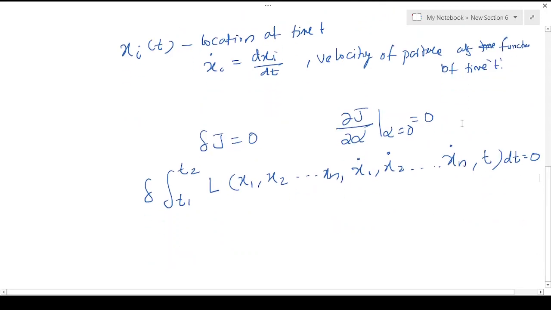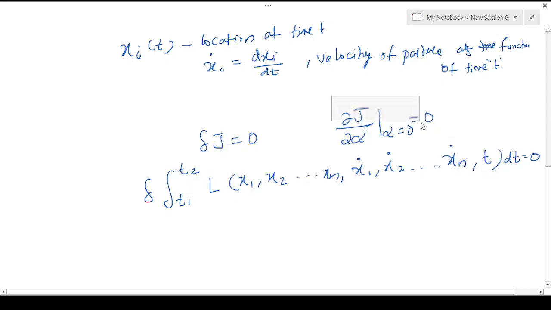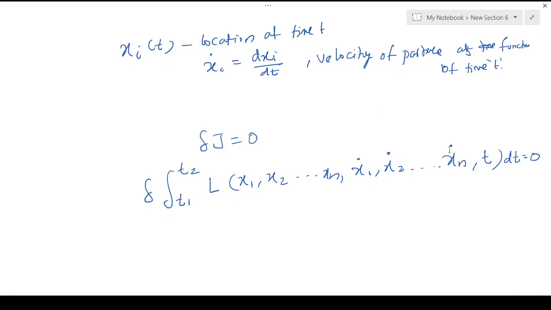This is the mathematical statement of Hamilton's principle.